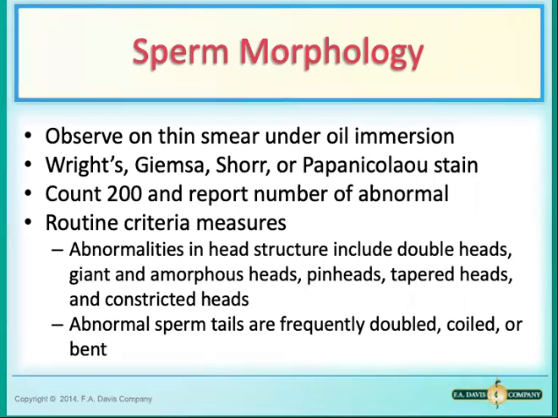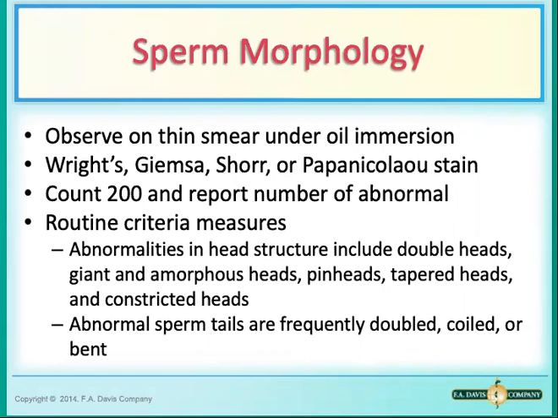You will report abnormalities in the head structure, and that could include double heads, giant and amorphous heads, pinheads, tapered heads, or constricted heads. Other parameters of the morphology will include measuring the head, the neck, and the tail size, also the acrosome size. You will evaluate for the presence of vacuoles as well.